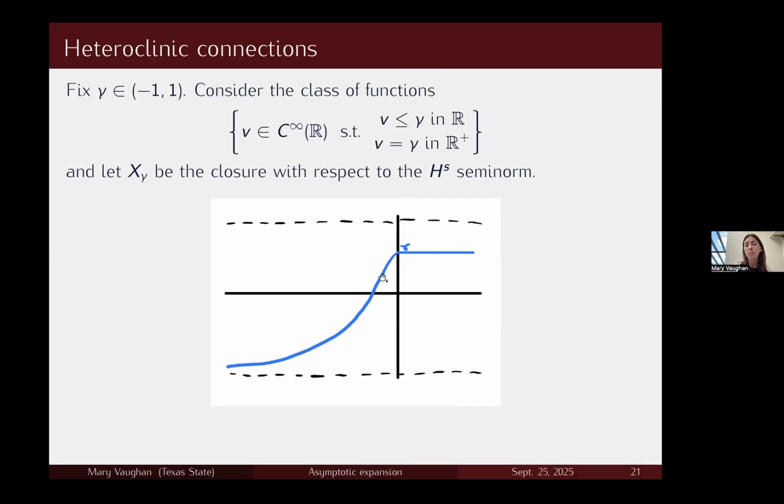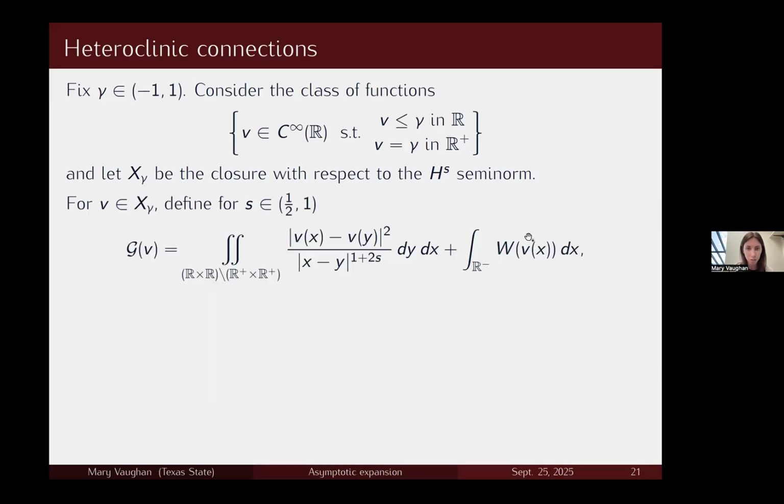So this is an idealistic picture. Of course, there could be oscillations, and it isn't necessarily approaching -1 as x goes to -infinity, but that's what we'd like to achieve. And then we take the closure of this space with respect to the H^s seminorm to get our function class.